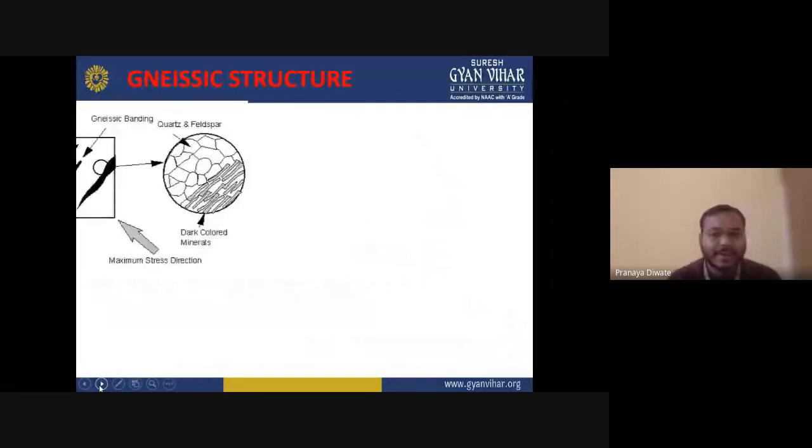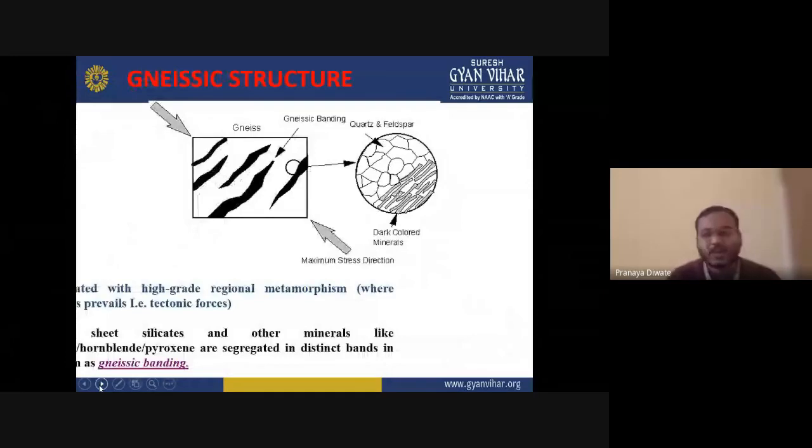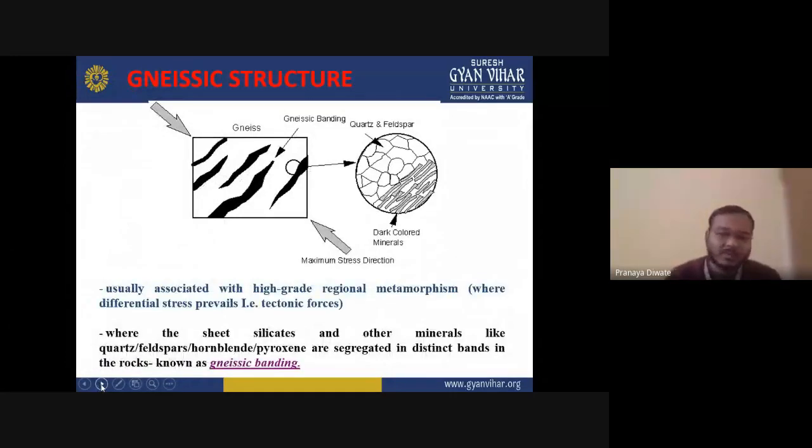Then you have a gneissic structure, equally important as your schistose structure. In gneissic structure, banding is there. In schistose structure, the elongation is there.